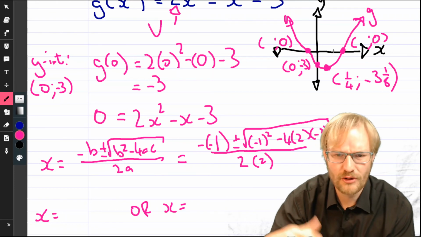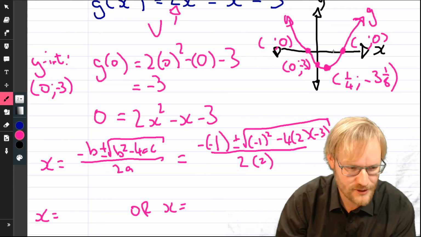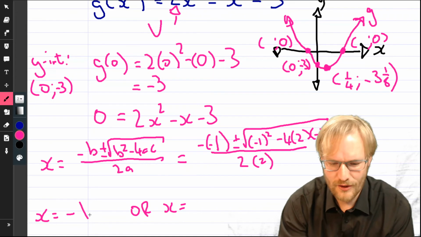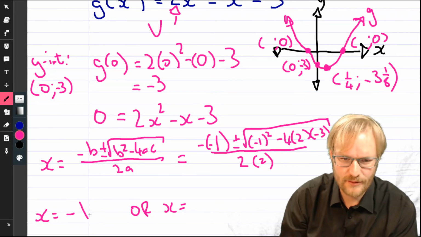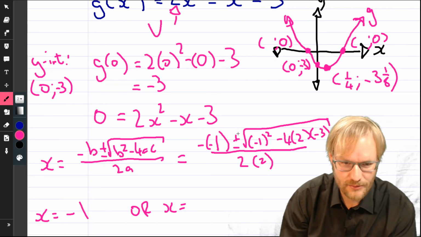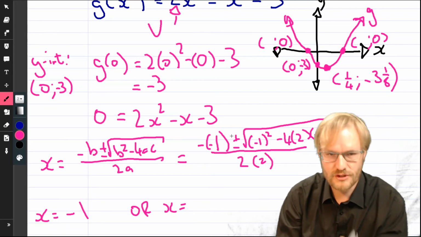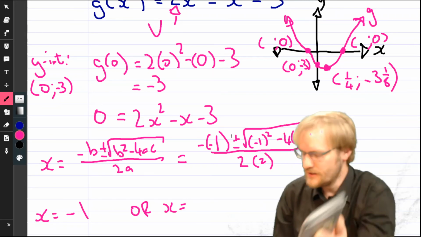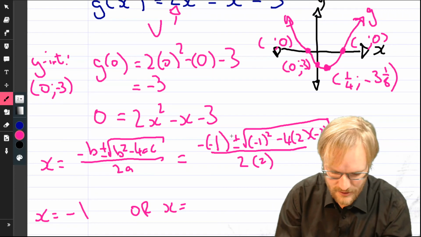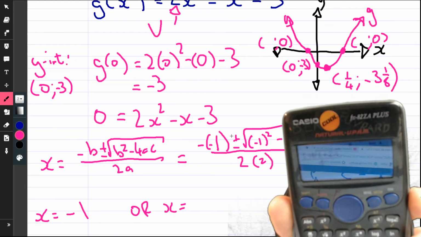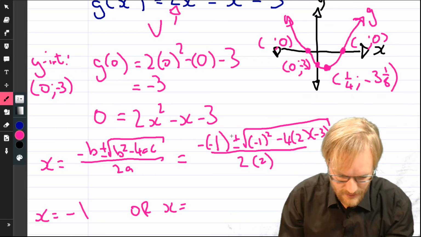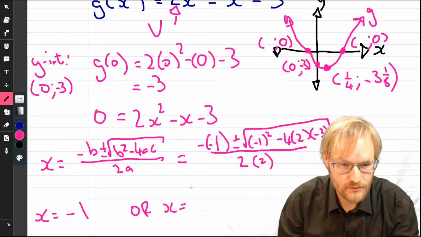Or you can just punch the whole thing into your calculator. Okay, x equals minus 1. Or, instead of a minus at the top here, I'm going to put the plus in. So I'm just going to take it into my calculator, and change the minus to a plus. Okay, equals 3 over 2.